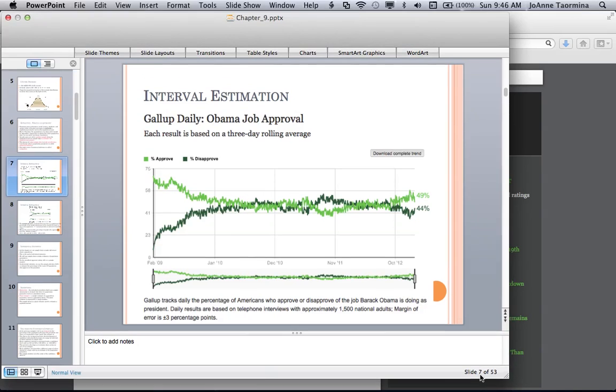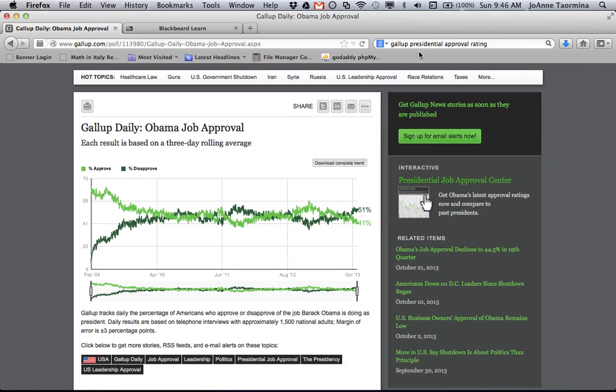Now I want to show you, if ever you want to look up the job approval rating at any specific point in time, say you want to find the current job approval rating for the president, I did a Google search for Gallup President Approval Rating, and you'll be brought to the Gallup.com website. Here's the URL, Gallup.com poll, and there's a code, and you see the name of the site.